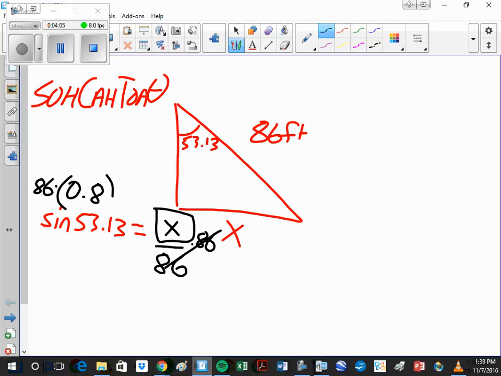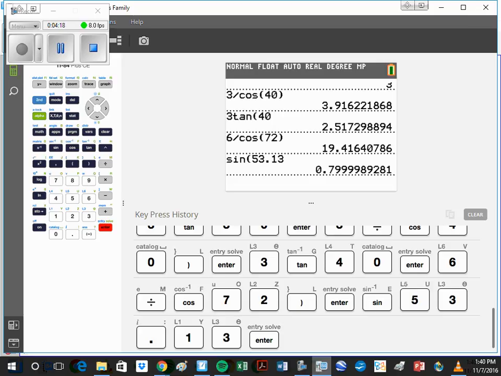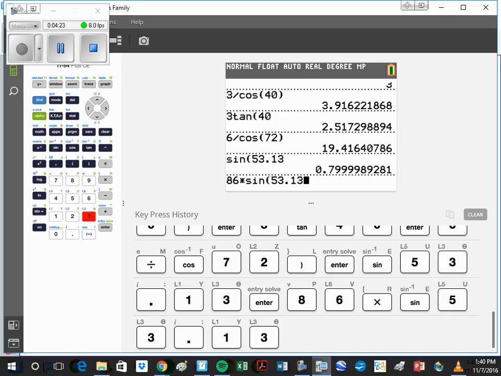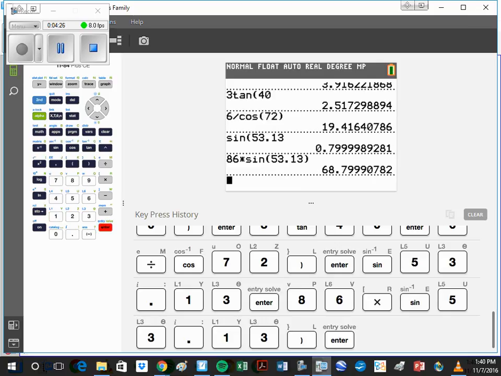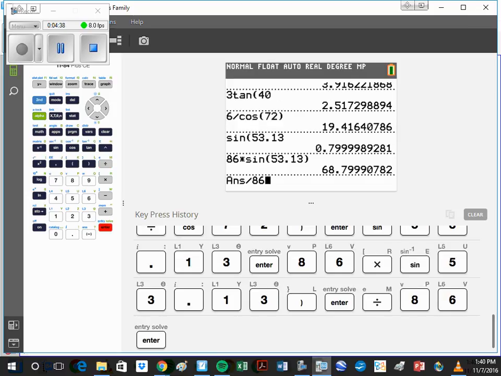So 86 times 0.8, or 86 times the sine of 53.13, is going to give you the value of x. On your calculator, we type in 86 times the sine of 53.13, and I get 68.799. That number divided by 86 should be 0.8. I divide that number by 86, I should get 0.8.